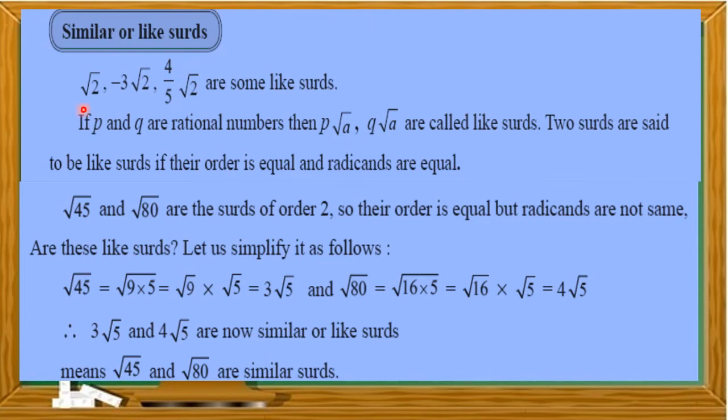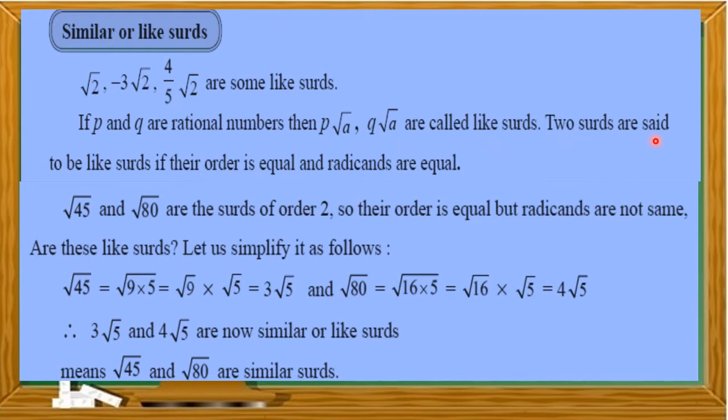Root 2, minus 3 root 2, 4 upon 5 root 2 are some like surds. If P and Q are rational numbers, then P root A and Q root A are called like surds.